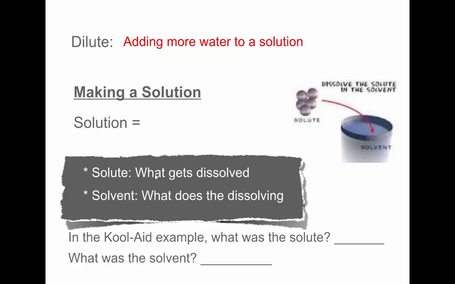So we call these solutions. Okay? A solution is a mixture of two things. The solute, which is the substance that seems to disappear, and the solvent, which is what holds the solute.